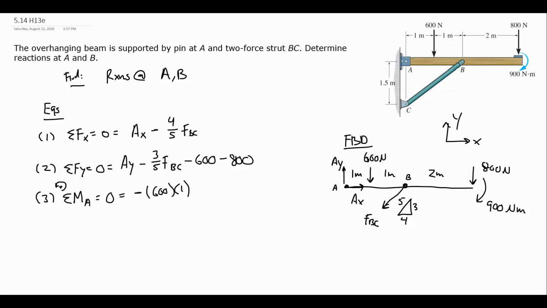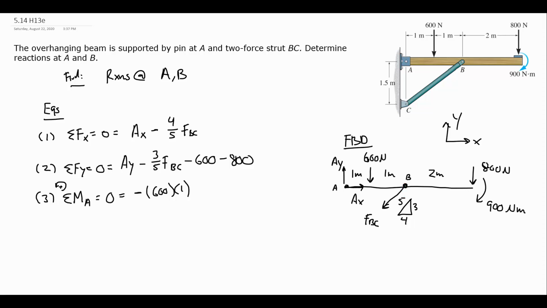Right? Moving to the right, we'll have FBC. If we look at that, its horizontal line of action passes through point A, so we don't need to include that. If I broke this down, just for illustration, I have the horizontal part of it, and I have the vertical part of it. So the horizontal part, line of action passes through A, we don't need to include it, but the vertical part we do.